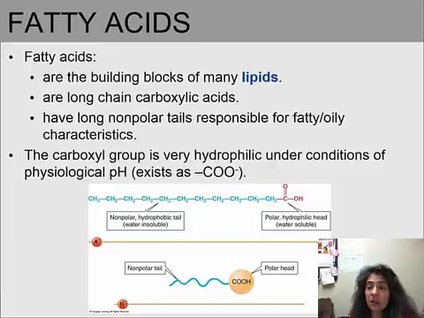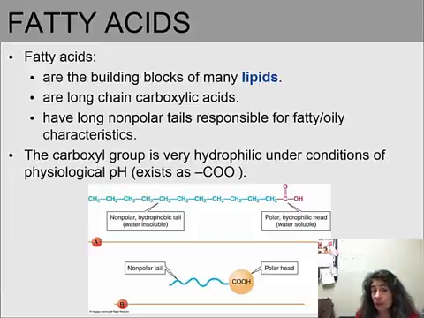So our fatty acids that we talked about show up, as we saw the other day, in a lot of our lipids, and we know they're long-chain carboxylic acids with those very long nonpolar tails that we looked a little bit at. And when we think of fats and oils, when we think of oil and water not mixing, we're really thinking of those long nonpolar tails that are creating that atmosphere, creating that chemical structure that we think of as that oily layer with the nonpolar.